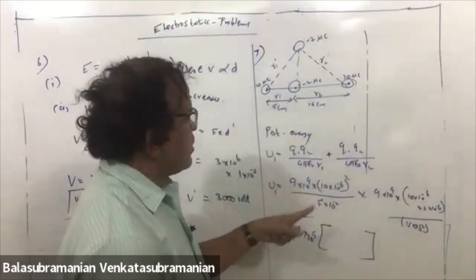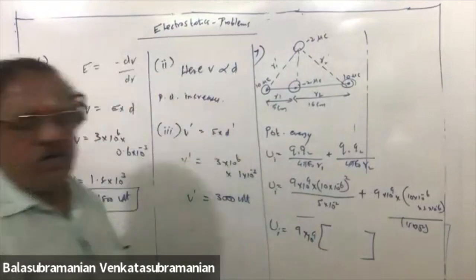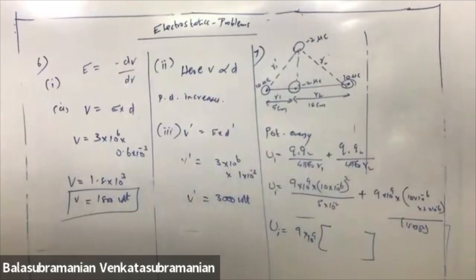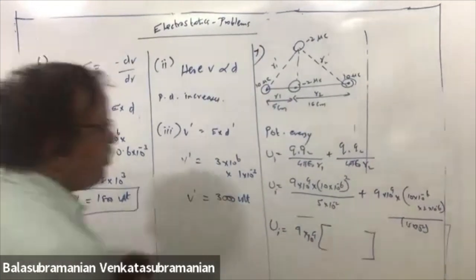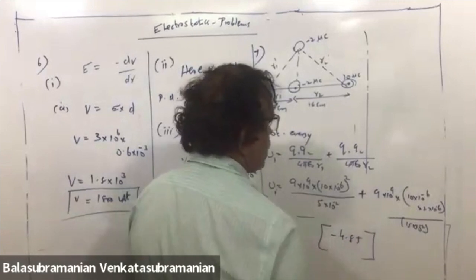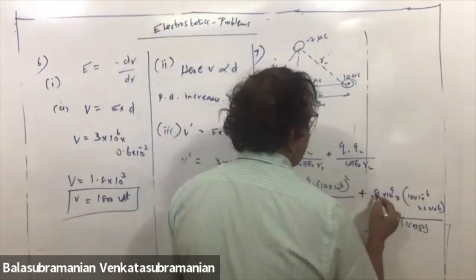Simplify this, calculate, you have to add. When you add, the value of initial potential energy is minus 4.8 joules. Why minus? Here one charge is positive, one charge is negative. So minus sign will come.